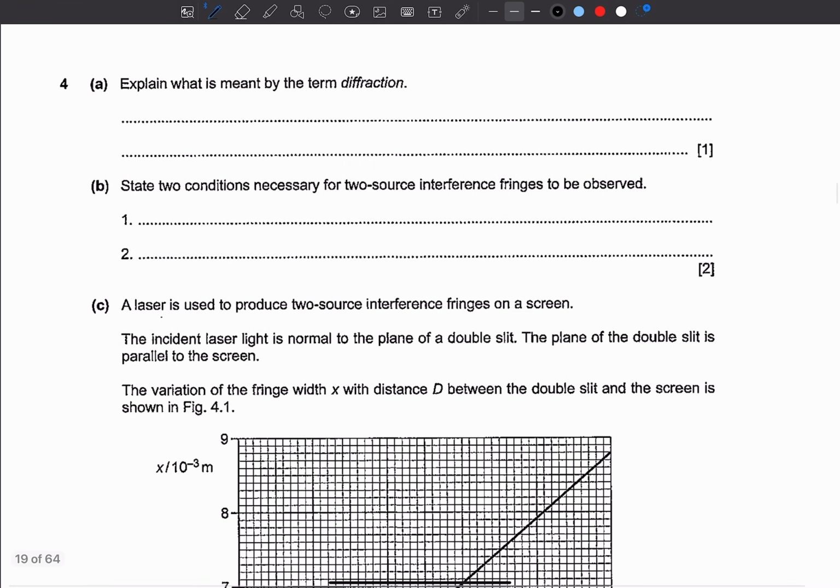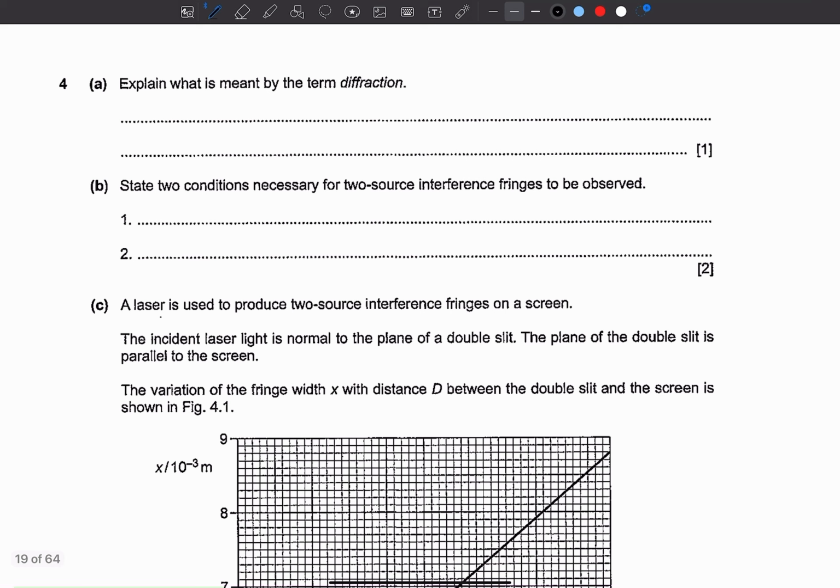Question 4a. Explain what is meant by the term diffraction. Diffraction refers to the spreading of waves as they pass through an aperture or obstacle. There's one more point to it.